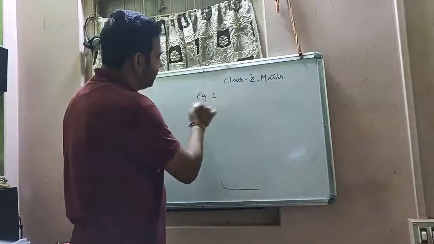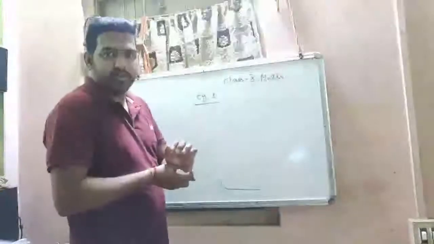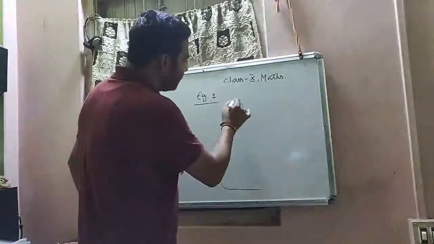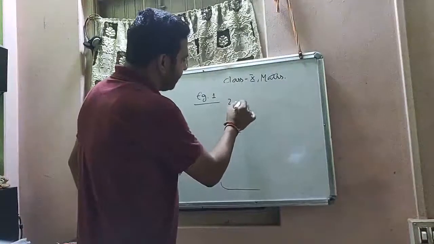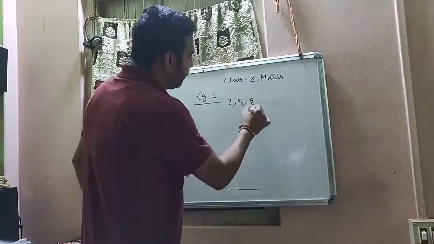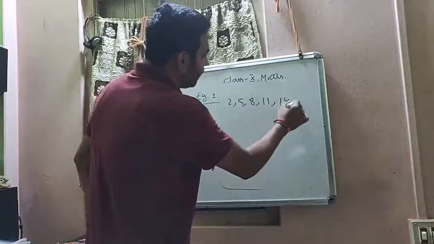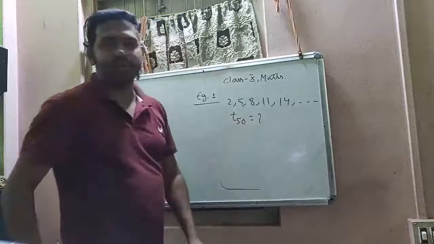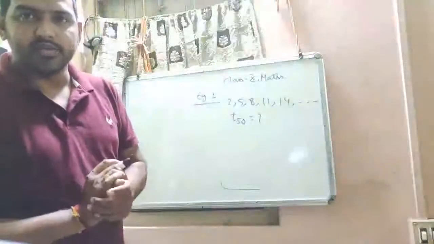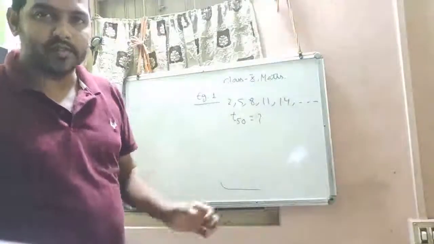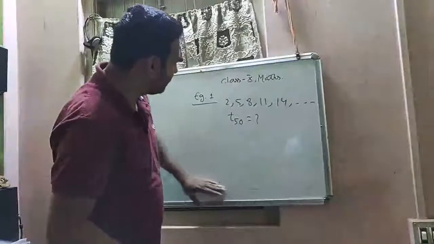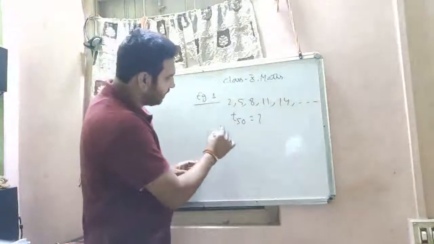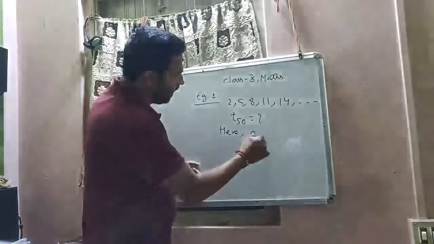Example number 1. First one, if I give you a task to find out the 50th term, suppose 2, 5, 8, 11, 14, dot, find the T50 term is what? So such questions come in the exam. How to find that? Here, if we consider the series, the first term, a is equal to 2.